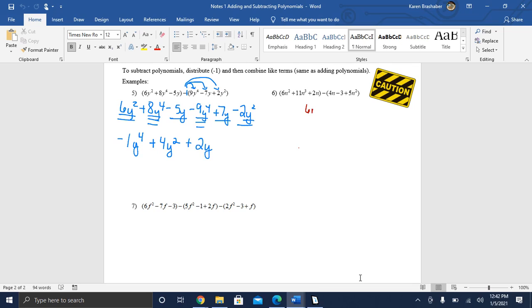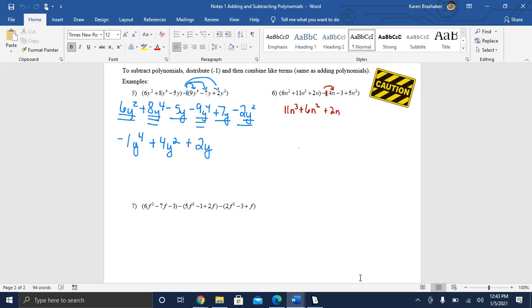Now it is positive. When I'm writing this, I'm going to put the 11n to the third in front because it has a higher exponent, and then plus 2n at the end.